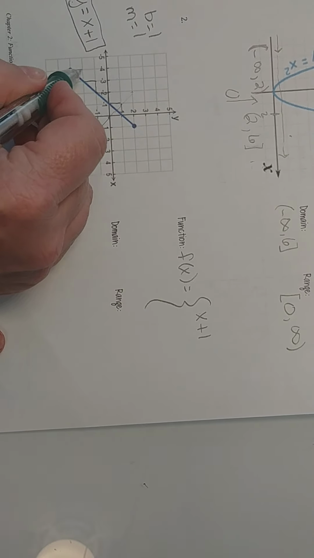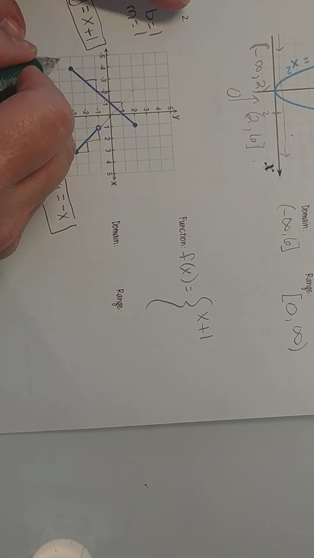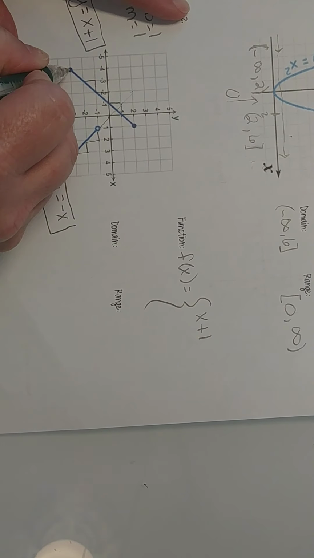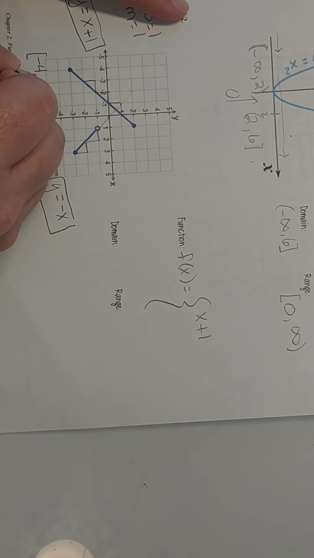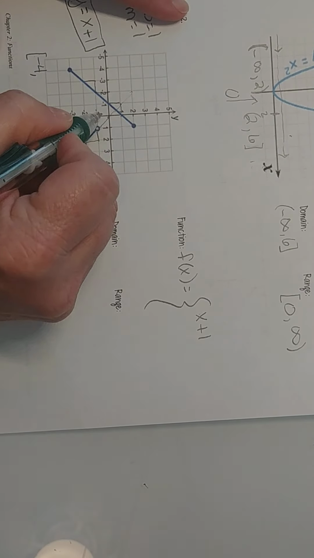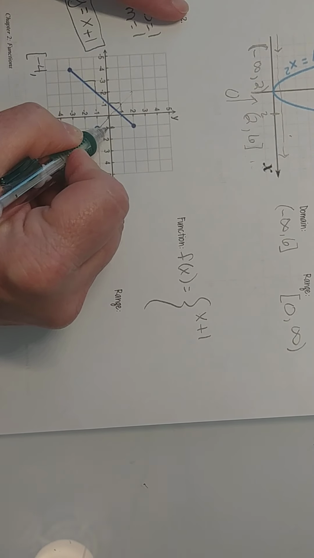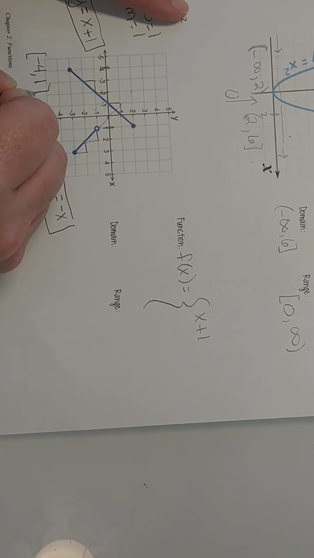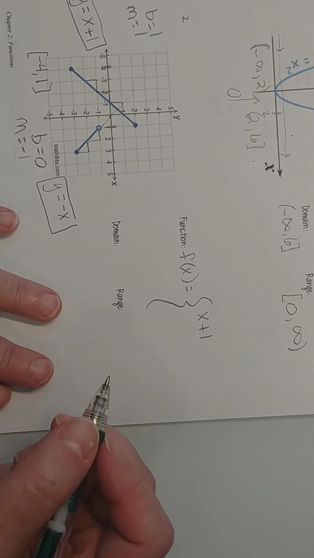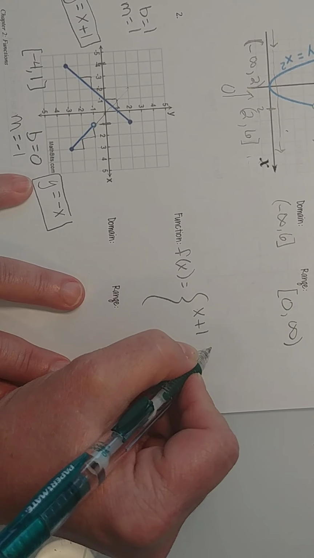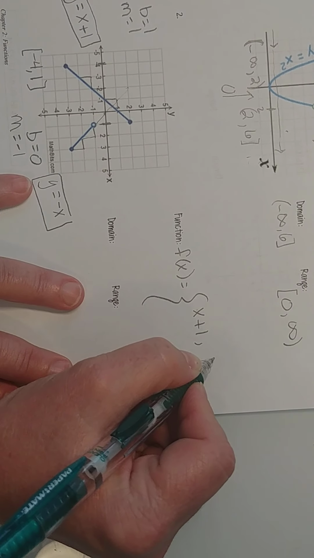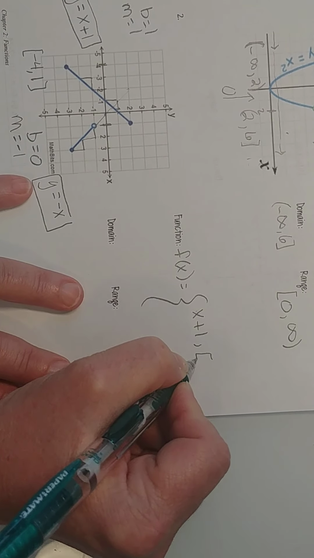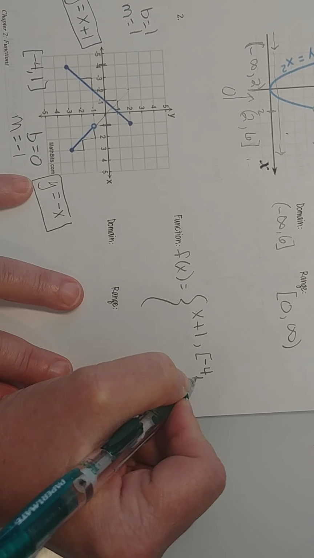So it goes from negative 4, and it's equal to it there, and it goes up to a positive 1 in the x direction, and it's equal to it there. So that's my domain over here. So let's put the interval from negative 4 to 1.